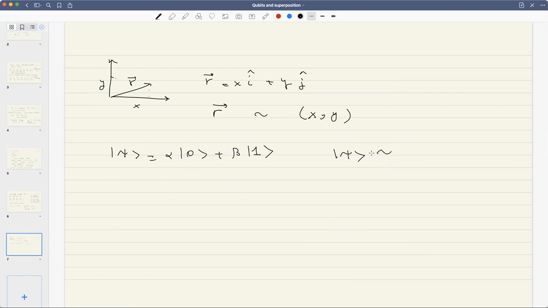I can represent this by two complex numbers, alpha and beta, and it's very common to write that as a column vector. So as a 2-by-1 matrix, if you wish. So I put alpha here, I have one column, two rows, alpha, beta. That's a very useful representation of the state.